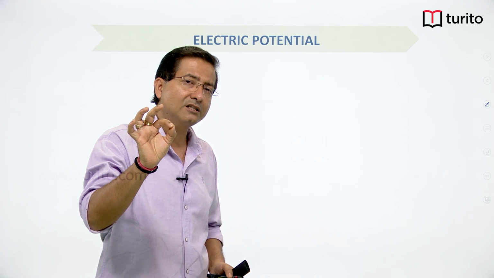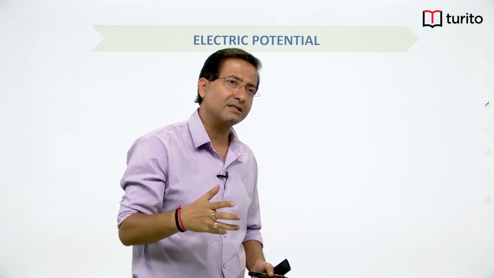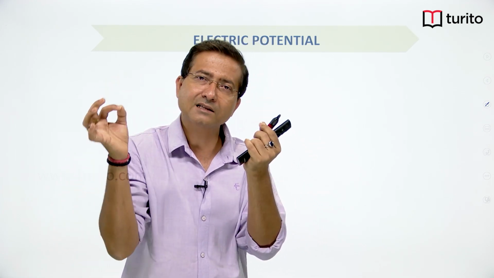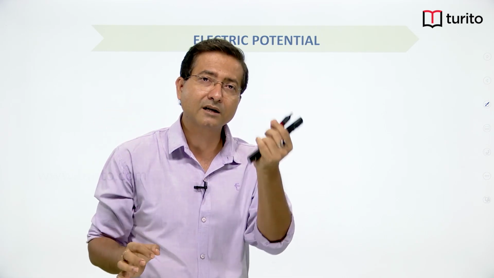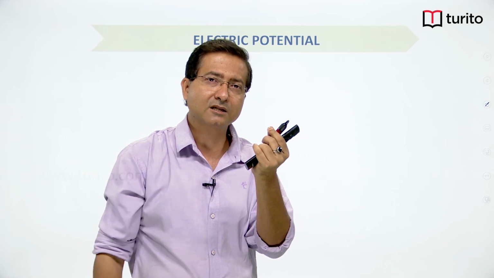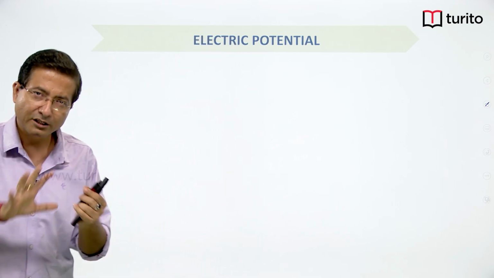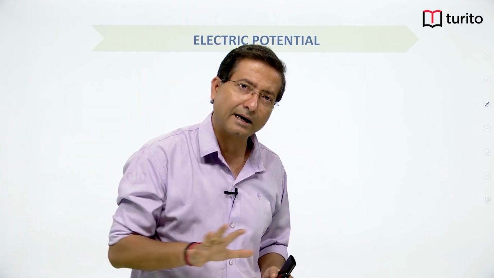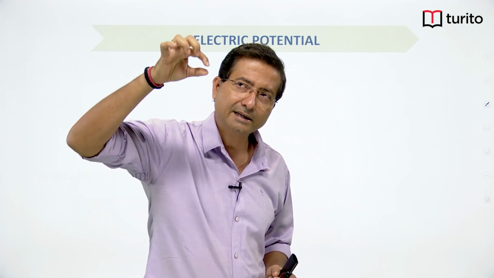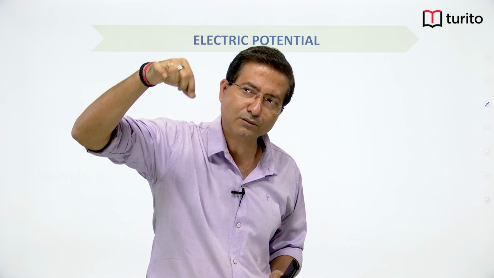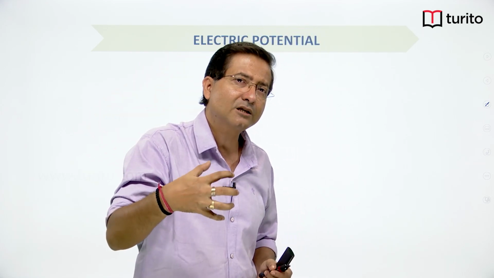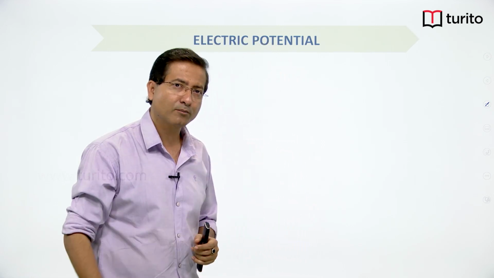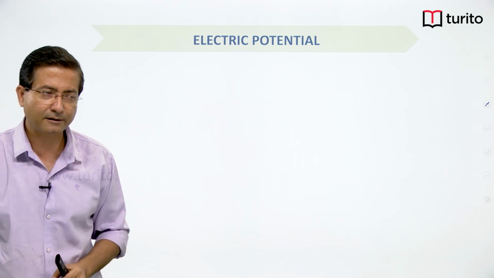Whatever be the change in potential energy of this system, when I say system, it may be a single charge and an external field, it may be a single charge and another single charge, or it may be a single charge and multiple charges in space, or distributed charges in space. So if there is an external field around, and I take a test charge and move it from this point to this point, whatever be the change in potential energy of this system per unit test charge, that is defined as the potential difference between these two particular points, right.